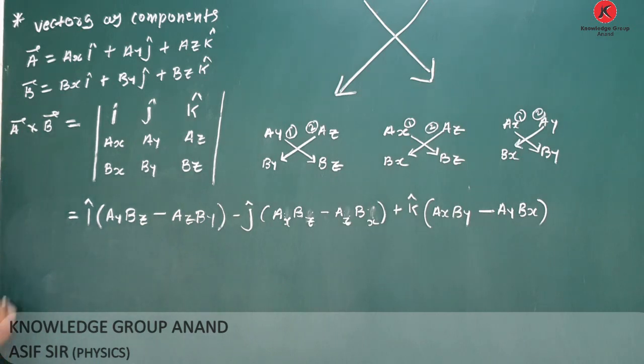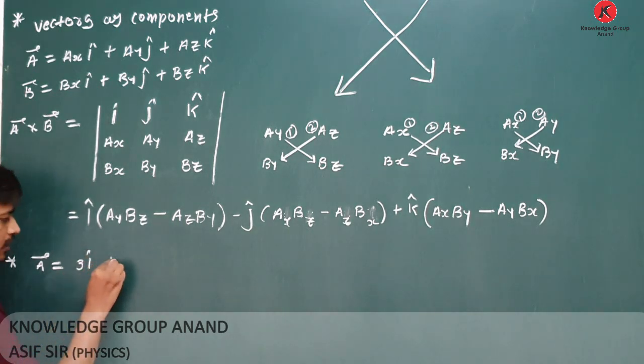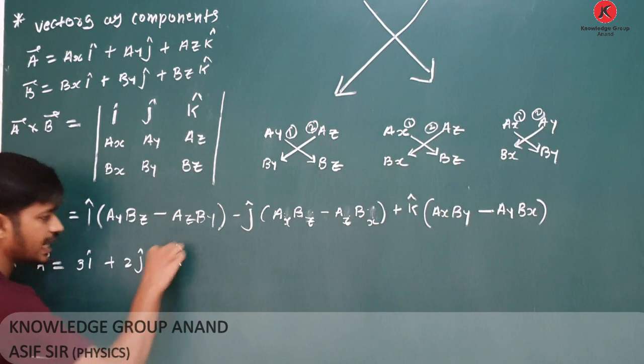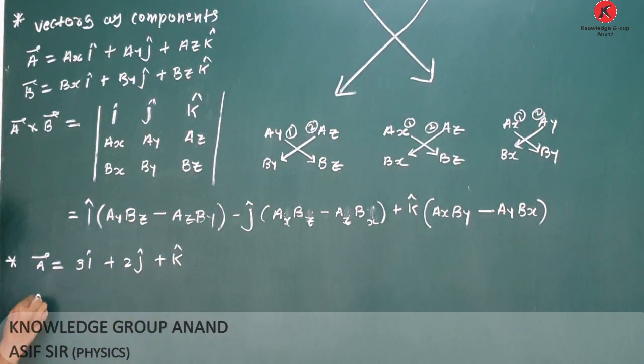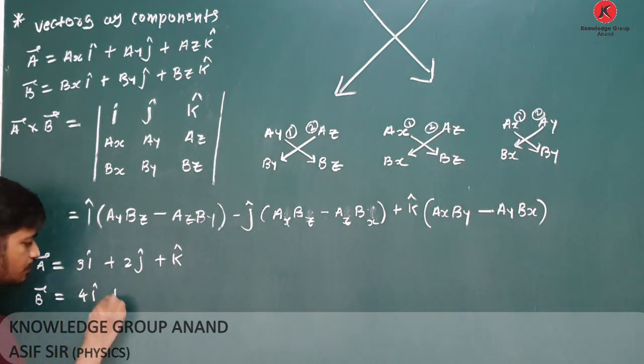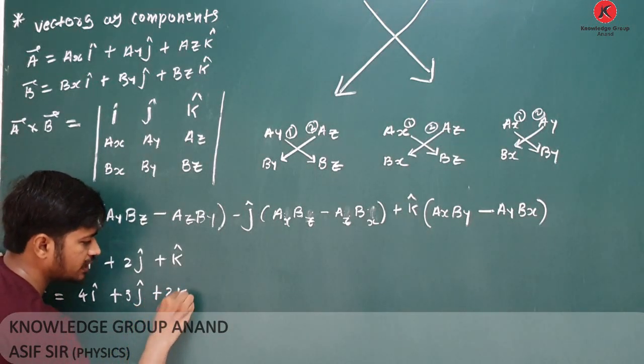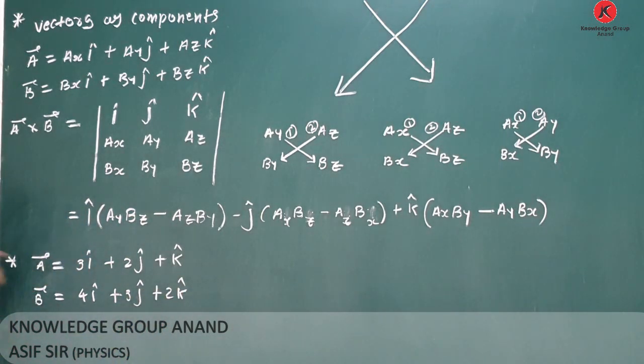See how it is. If I am taking two vectors, a is equal to 3i caret plus 2j caret plus k caret. Okay, another vector b is equal to 4i caret plus 3j caret plus 2k caret. Okay, then how to find their cross product?